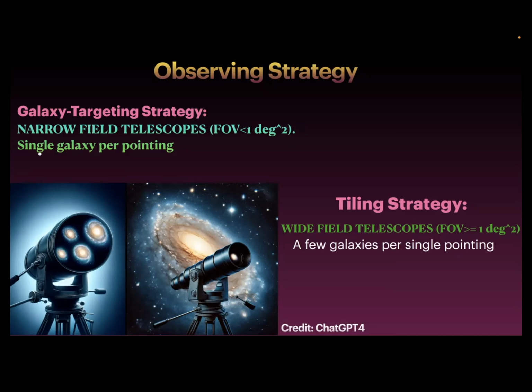For telescopes with a wide field of view, larger than 1 degree squared, we apply the tiling strategy, and typically we can observe a few or several galaxies per pointing like this.